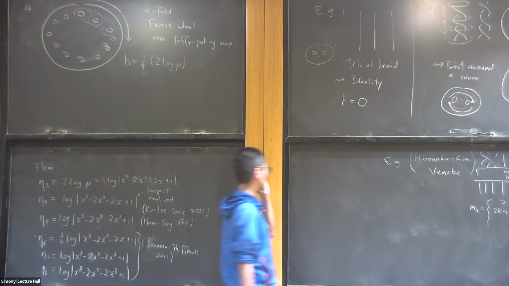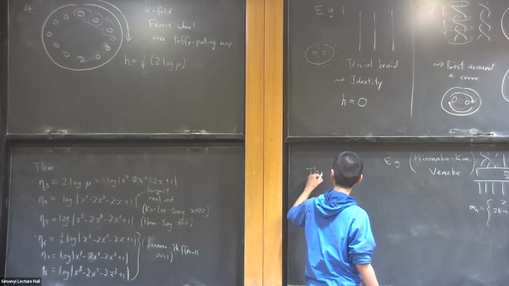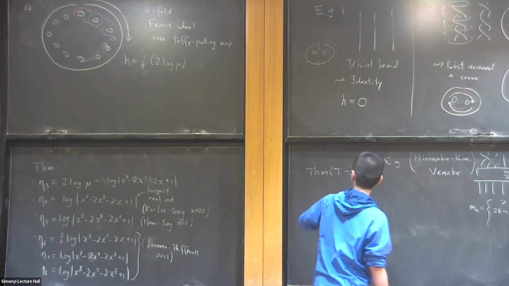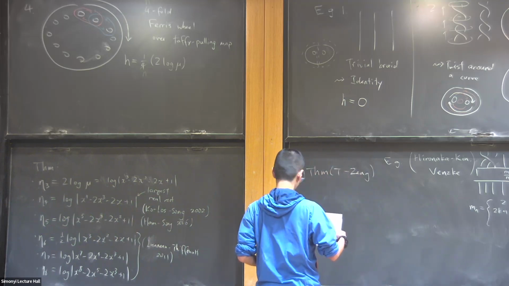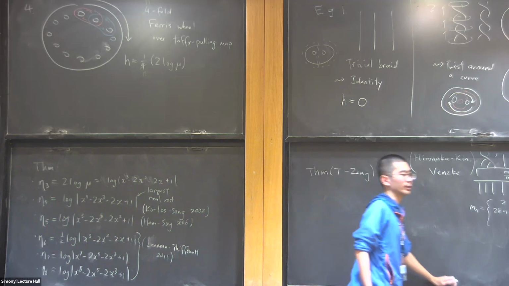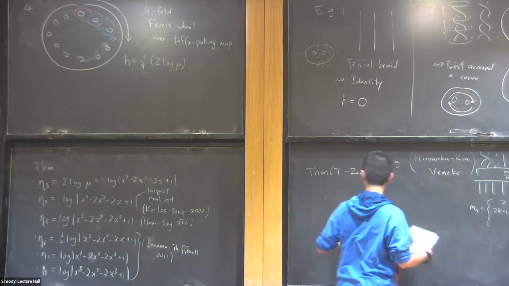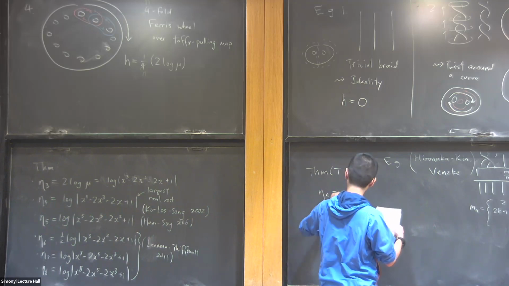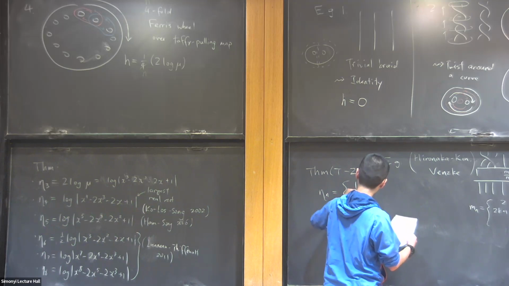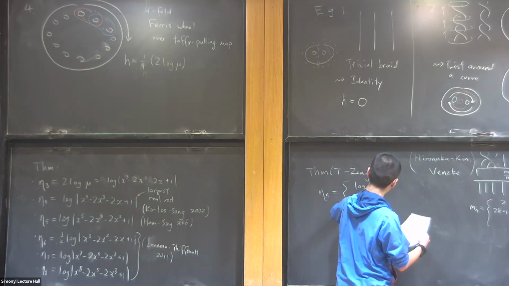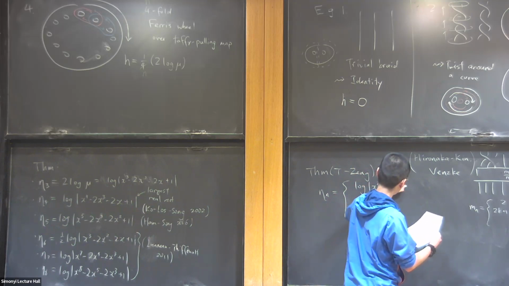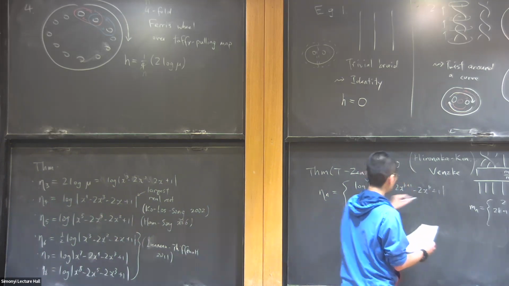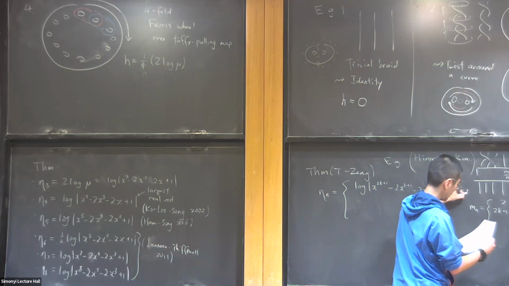Okay, so what me and Andrew did was that we found eta n for basically all the remaining values of n.